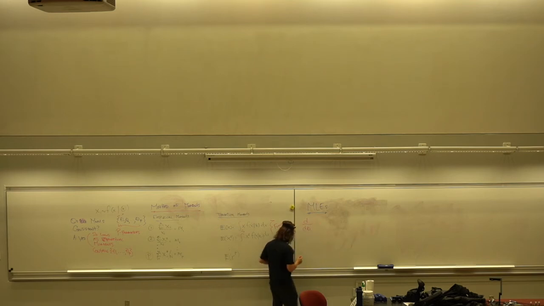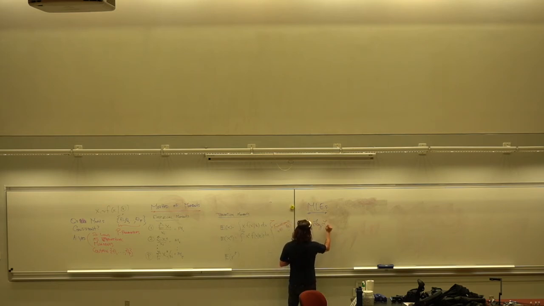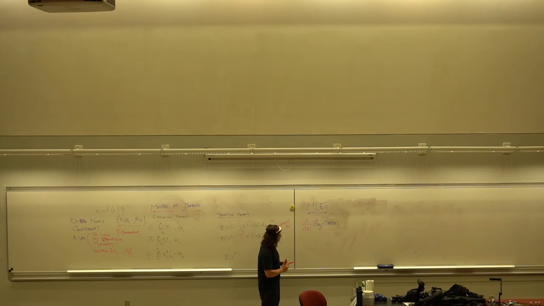I'm just going to write down the log likelihood. It could be the likelihood, the log doesn't change anything, but it's very typical to write down the log. So that's L of theta, and I'm going to set this equal to 0.